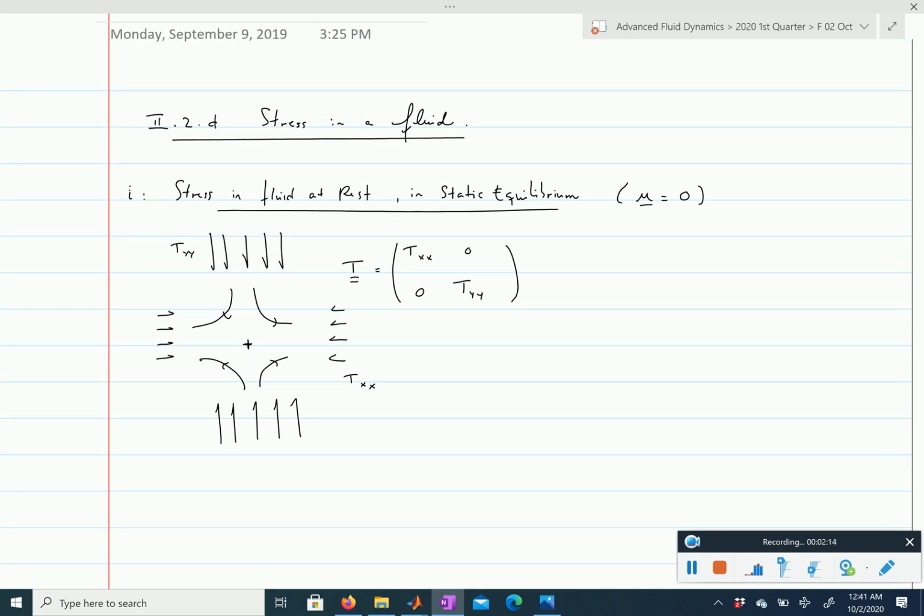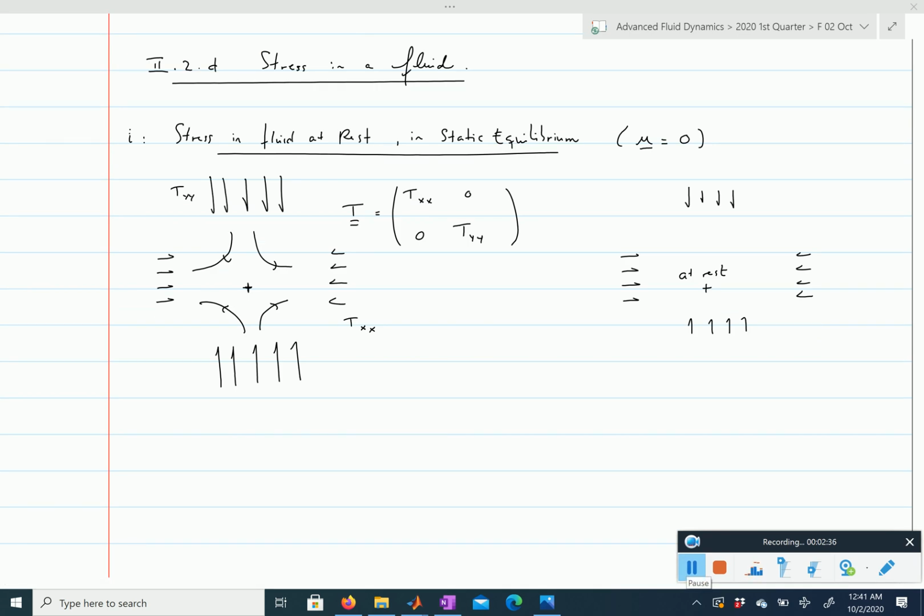And so what you see from this simple thought experiment on how a fluid behaves, well, if the fluid is at rest, then the principal stresses have to be equal. So Txx here has to be equal to Tyy. So for a fluid at rest, the principal stresses are equal.